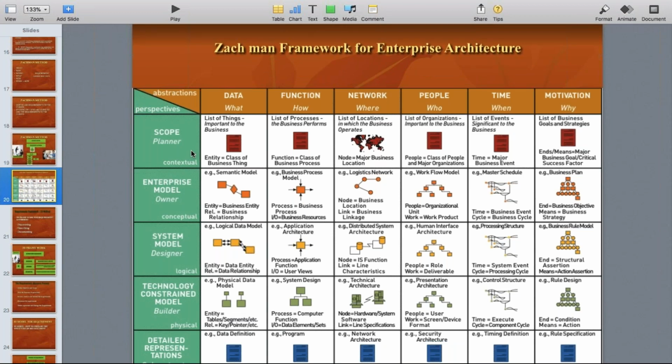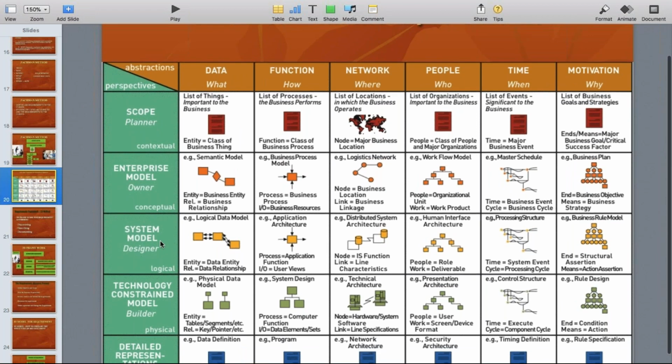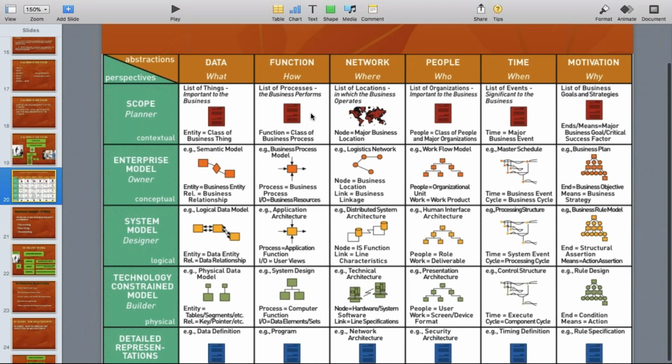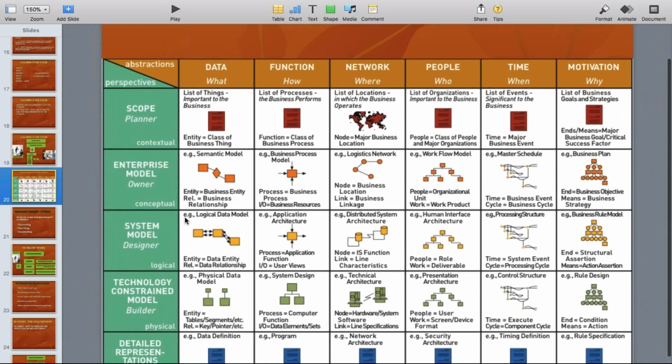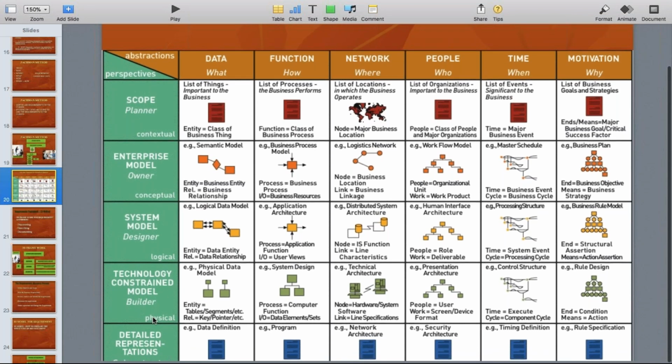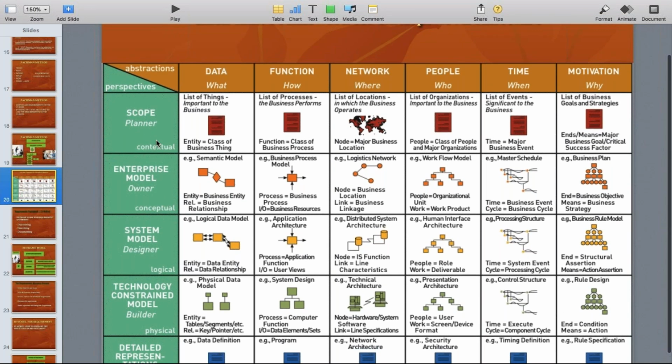Here is the framework. We don't look into the enterprise model, system model, and all this. We will only concentrate on the scope part. The technical team will look into the enterprise model and system model. You can see here designer, builder, logical, physical, conceptual diagram.